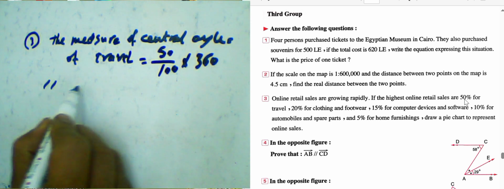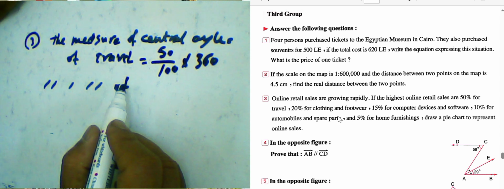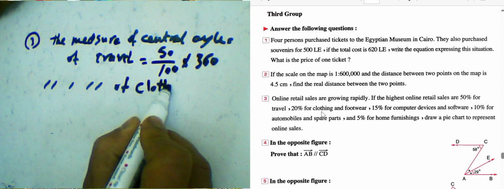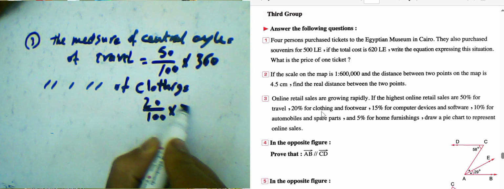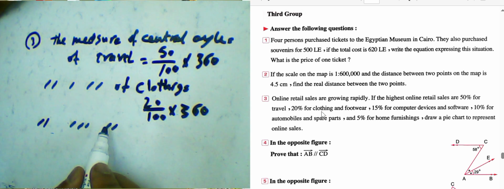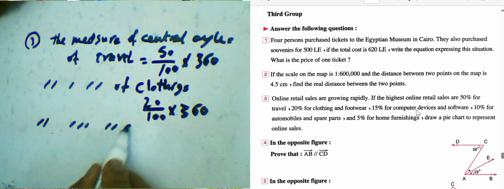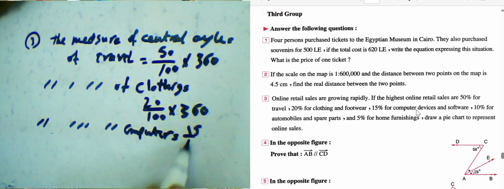And the next one, the measure of the central angle of the second type, clothing, is 20 over 100 times 360. And the next one here, 15% for computer devices. We have 15 over 100 times 360.